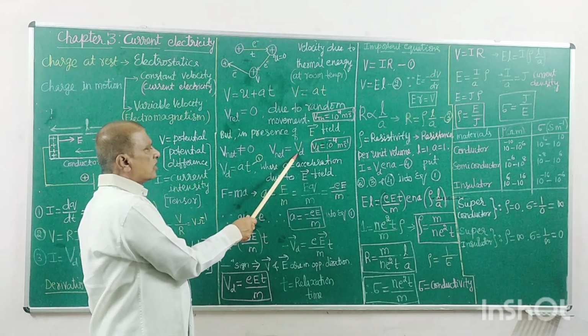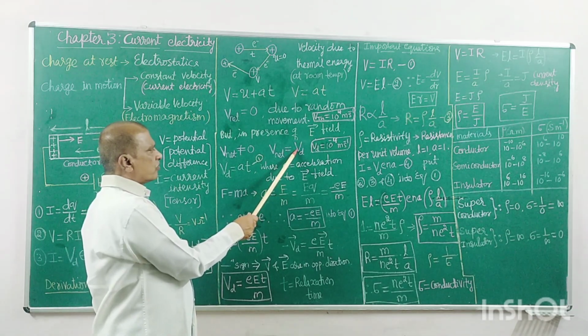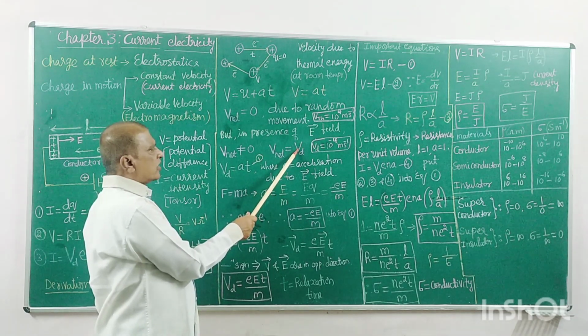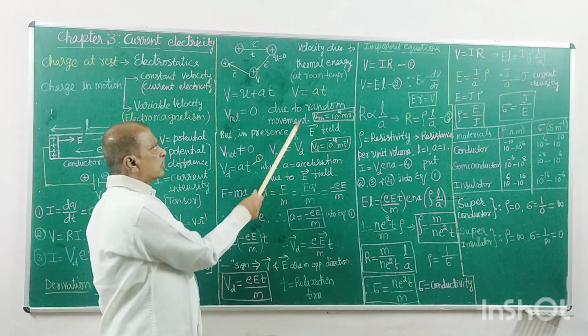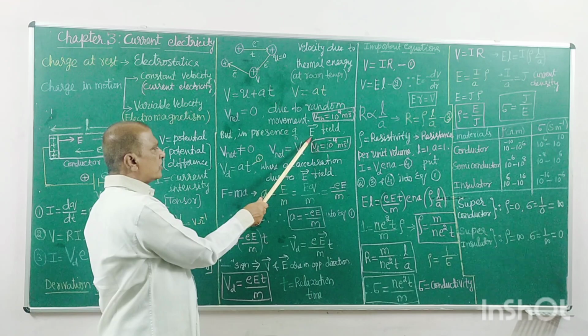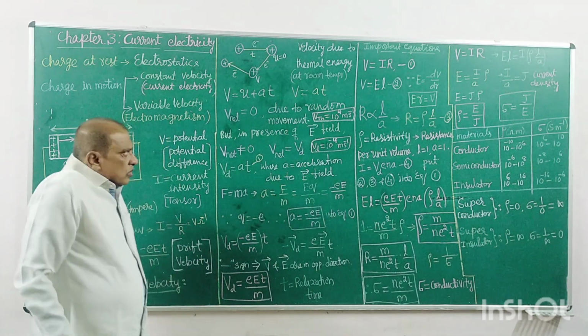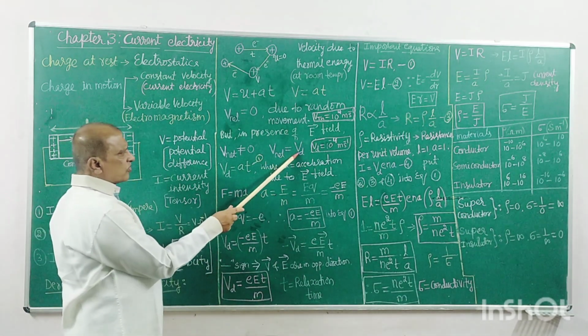It is called drift velocity. So this drift velocity can be calculated. It is not because of thermal energy, it is because of the electric field. What is the amount of drift velocity?